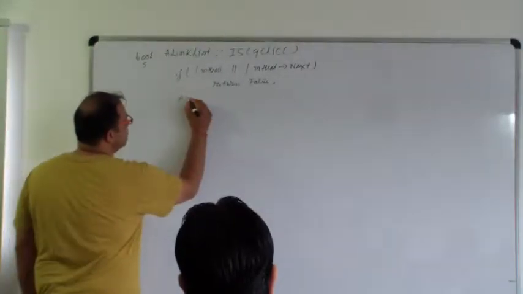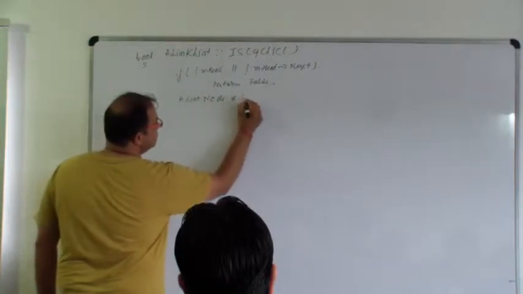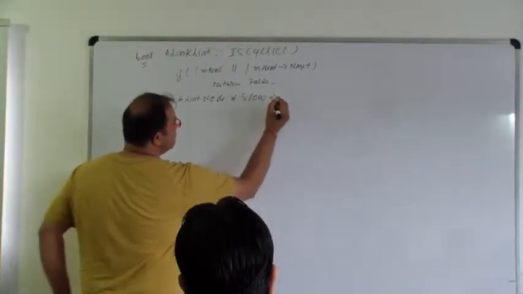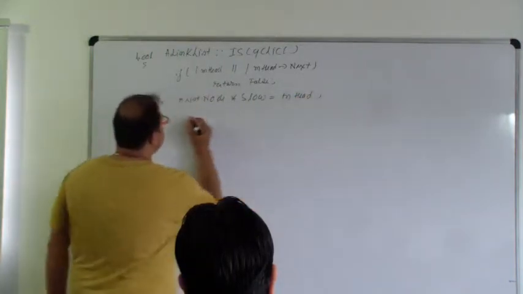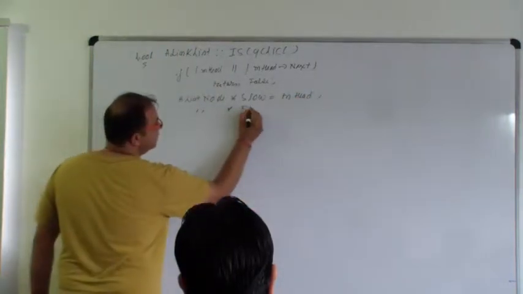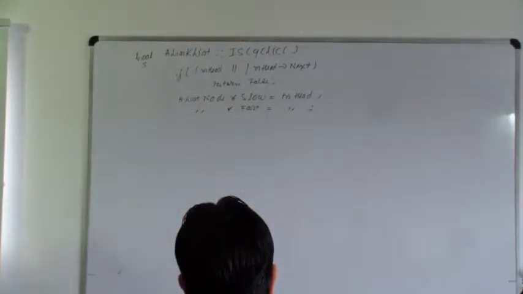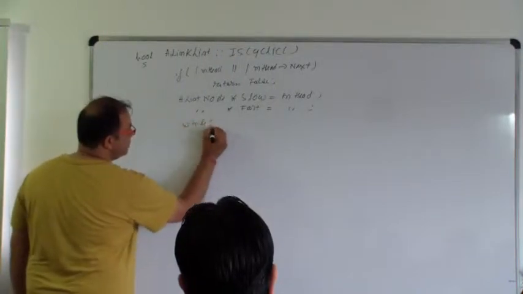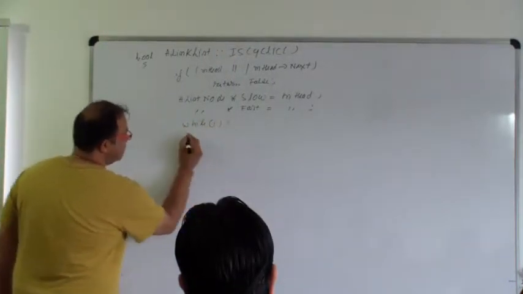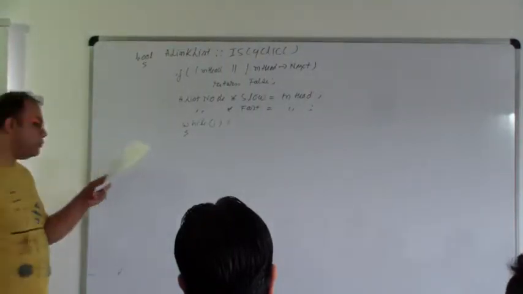A list node star slow is equal to m head, and a list node star fast is equal to m head. And then we will go in a loop while 1, which means that we are looping forever.